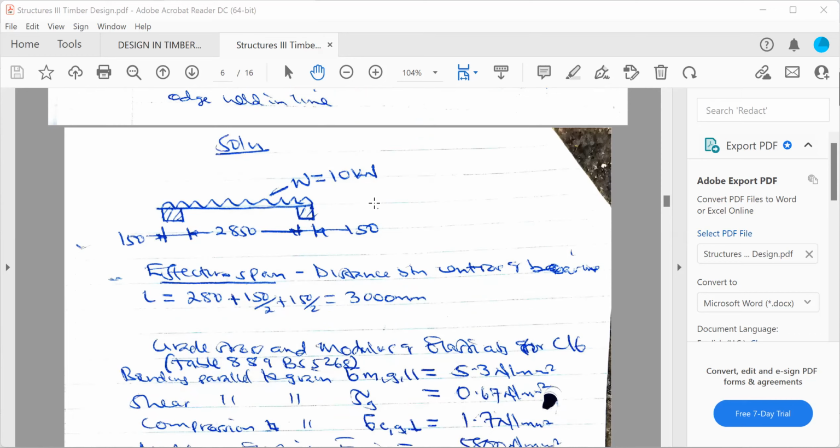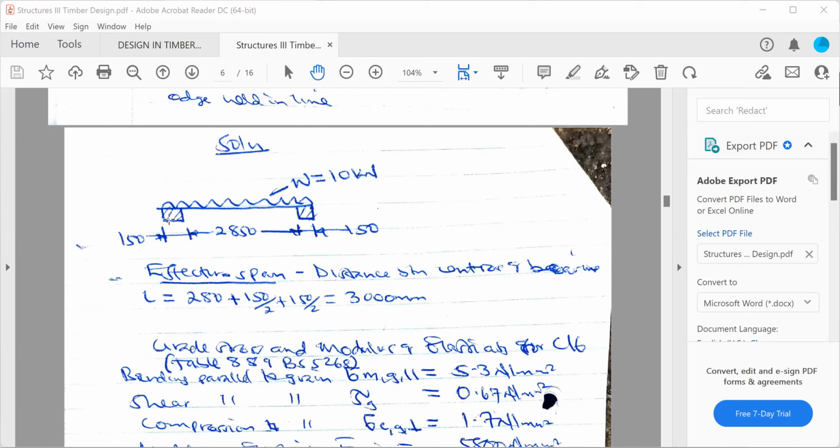From the procedure of timber design, the first step is to calculate the effective span, which is the distance between centers of bearing. So effective span L is from half of the support on our left hand side to half of the support on our right hand side.